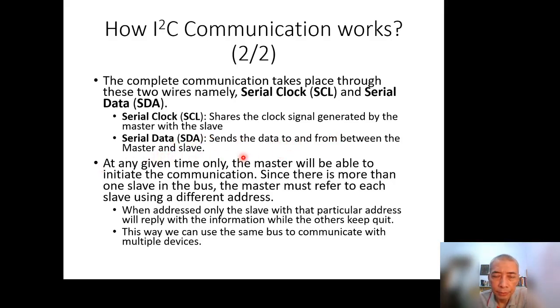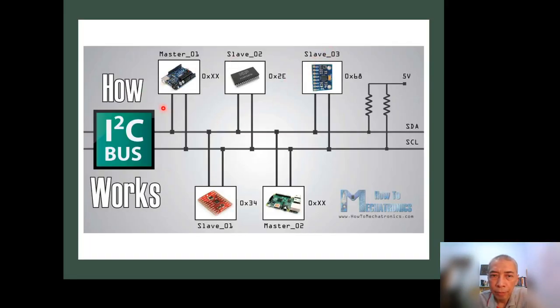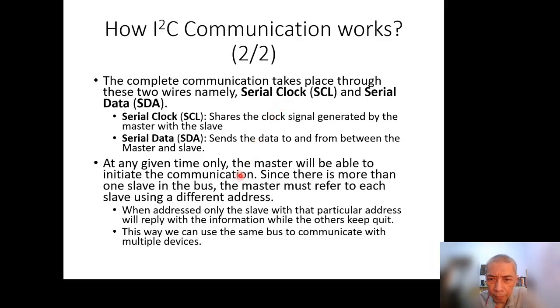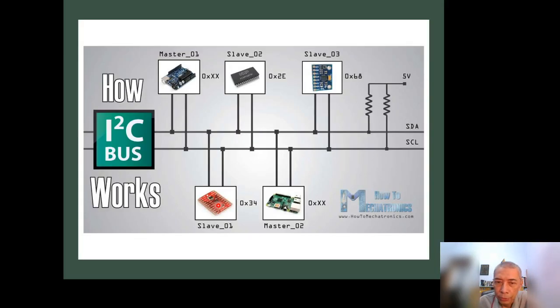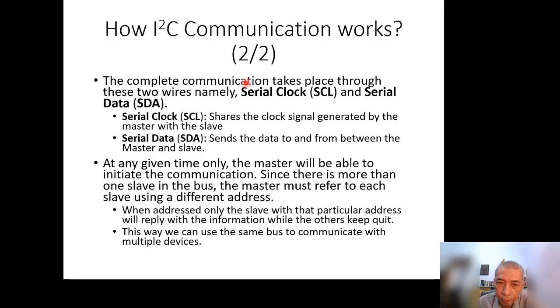At any given time, only the master will be able to initiate the communication. Since there is more than one slave on the bus, and more than one master connected together, the master must refer to each slave using a different address. As mentioned in this slide, each device has a unique address. So the I2C bus can communicate with one of the devices using its address.